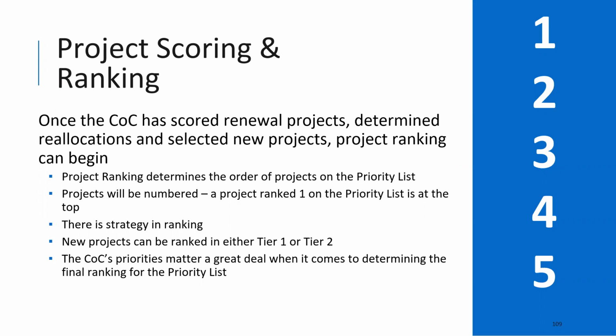A project ranked 1 on the priority list is at the top, and then you go from there. There is a strategy in ranking, basically a strategy for CoCs to try to retain as much money as possible. The goal with ranking is to not only be fair in terms of how you're ranking projects based on their performance, but once you get into tier 2, there's a strategy that the CoC uses to try to retain as much money as possible.